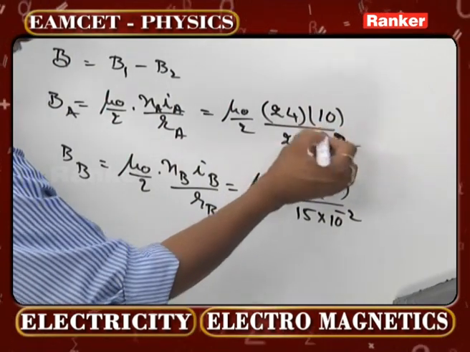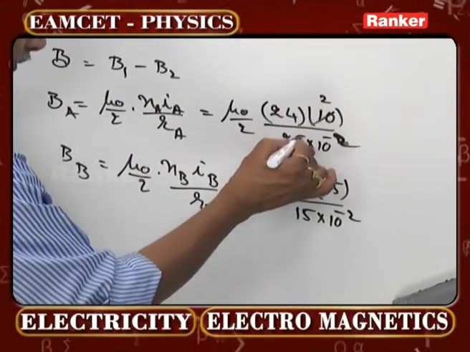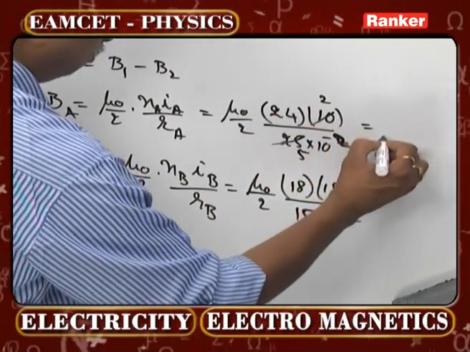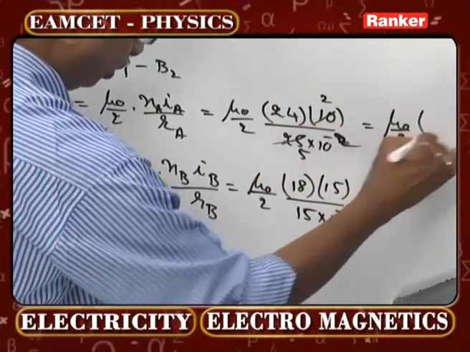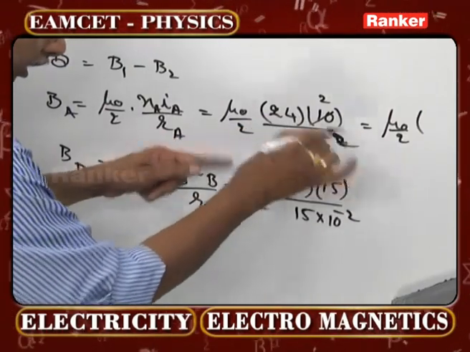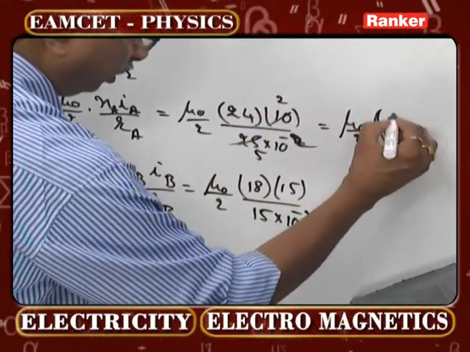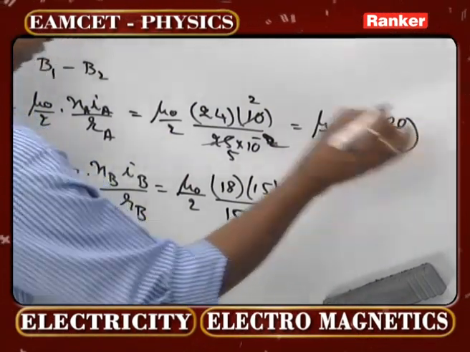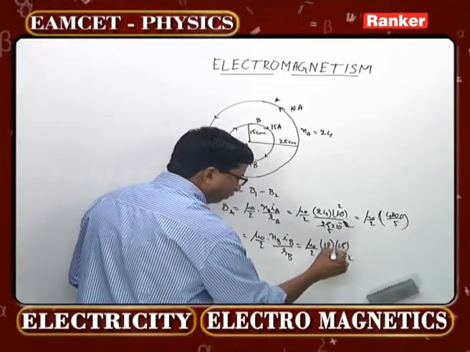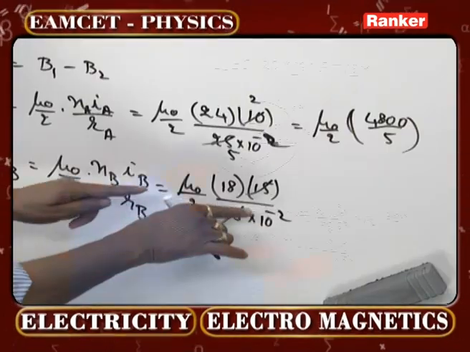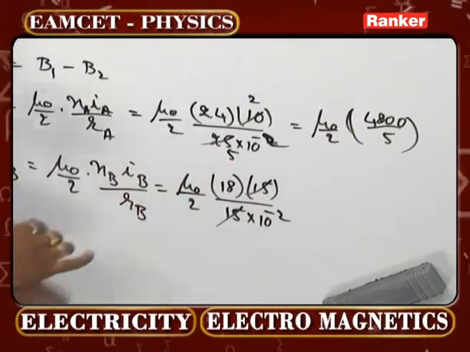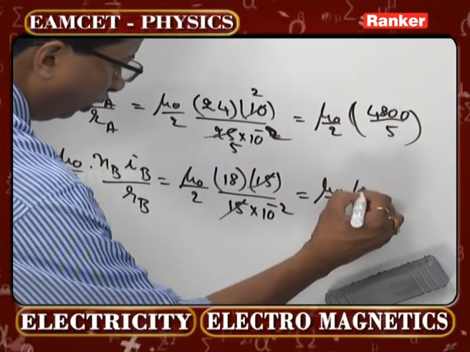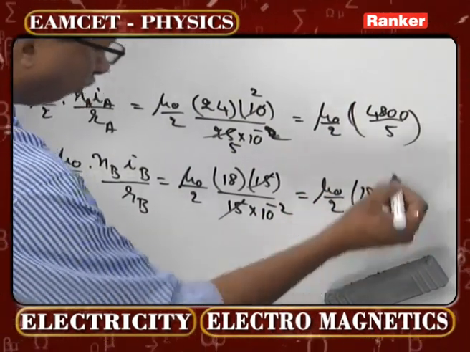You can directly write this one. 2 times 5 you cut, 5 times 5 you cut. Now you can write this mu naught by 2 into 48 into 100, so 4800 by 5. You write this as the first one. What about the second? You see 15 gets cancelled. This 10 power minus 2 going up, it becomes 1800. So mu naught by 2 into 1800, that will be this value.